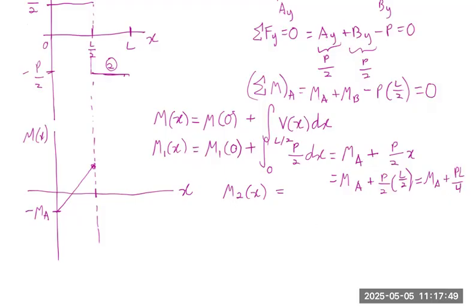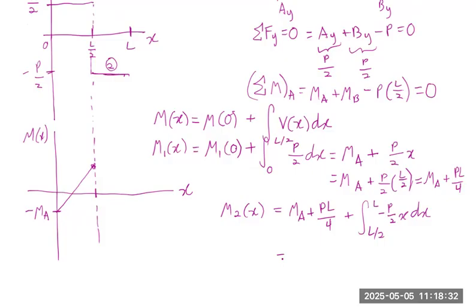So our M2(x) value is going to start at MA plus PL over 4, plus the integral from L over 2 to L of negative P over 2 dx, because we have negative P over 2 here.